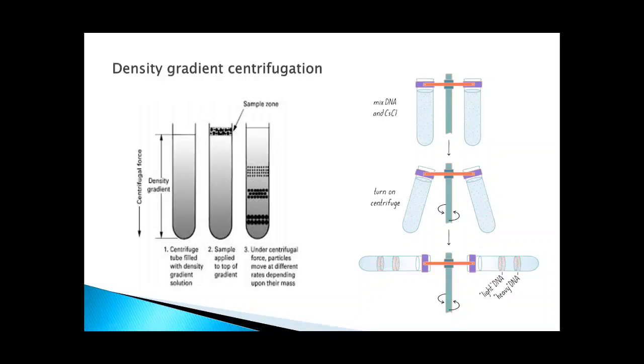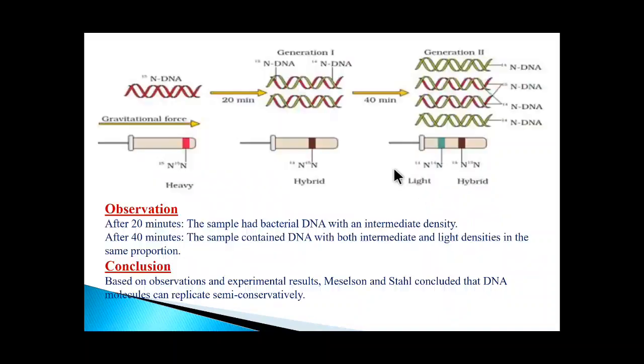And as the cesium chloride gradient is formed, DNA comes to equilibrium in the gradient where its density is equal to the density of the surrounding cesium chloride. Now this is the figure of the separation of the DNA by centrifugation.